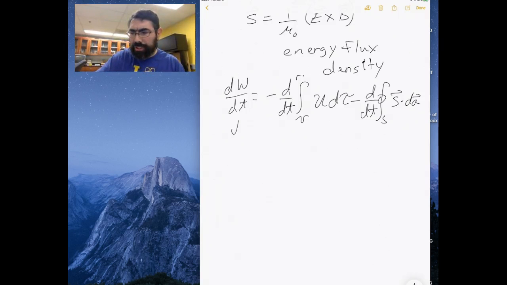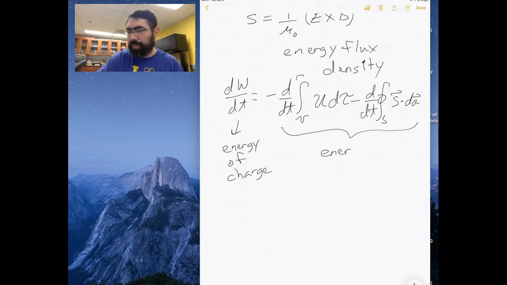So this is the energy associated with charge, and this is the total energy associated with the fields.